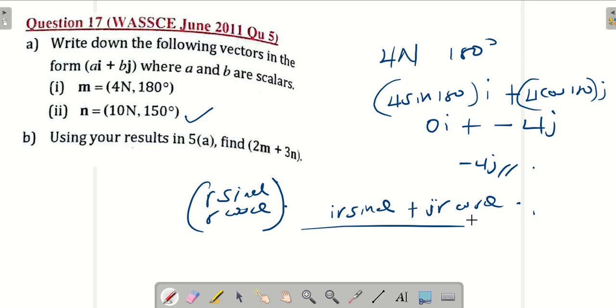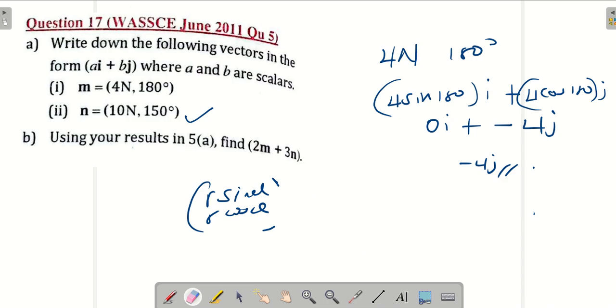That's what I'm using here. So it's the same thing. So write the second one. Those who are confused, you can first write it in a component form. Like this, for example, this one I can write as 10 sine 150, then 10 cos 150. Are we okay?